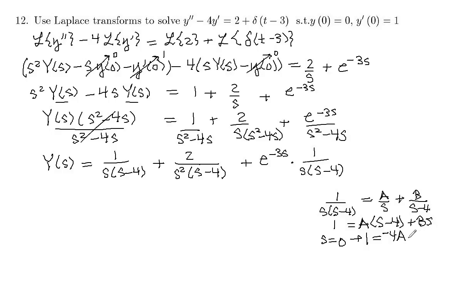This term drops out. So a is negative 1/4, and plug in s equals 4, and you get 1 equals, this term drops out, 4b, so b is positive 1/4. So we can break this up now and say this is going to be 1/4 over s minus 4 minus 1/4 over s.